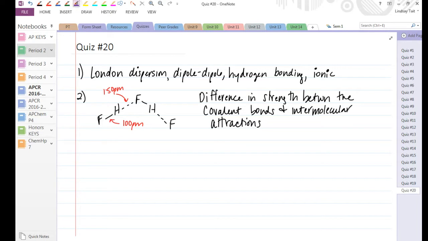The idea being here that this particular bond right here with the solid dash, this is a covalent bond. This is a stronger attraction, rises to the level of an actual chemical bond. Therefore, that bond length is shorter. Whereas over here, that dashed line for this 150 picometers, this is a hydrogen bond, which is one of your intermolecular forces, right, between 2 separate hydrogen fluoride molecules.